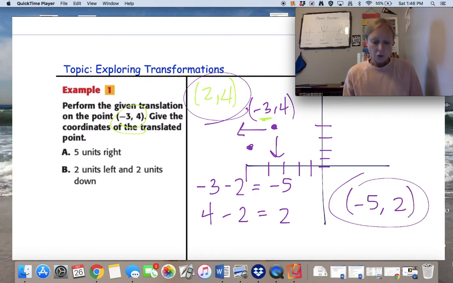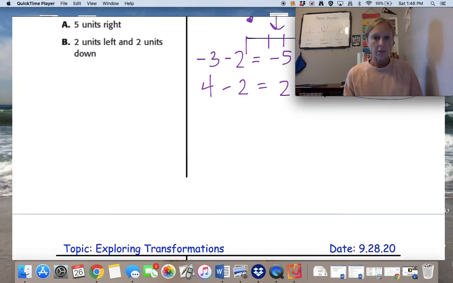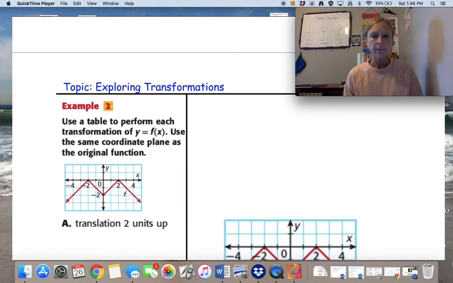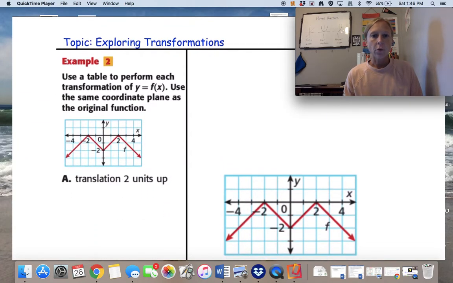Let's look at transforming actual graphs of functions. So we're going to use a table to perform these transformations, and then we will graph it. First thing we should do is label some points on this original graph.